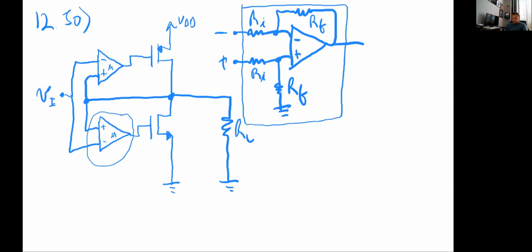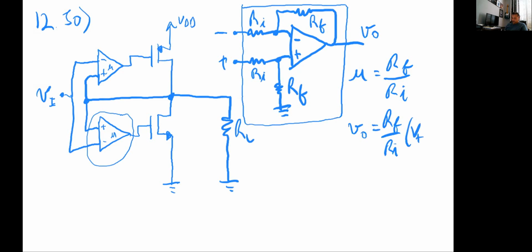And the gain mu for this is equal to RF over RI. And then the output voltage is RF over RI times the difference of the input voltages at the plus and minus terminals.